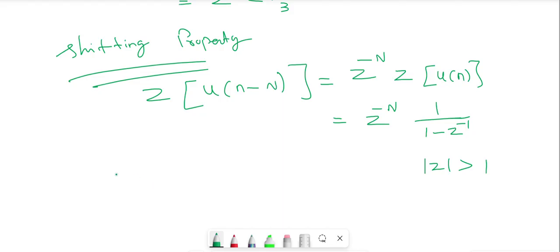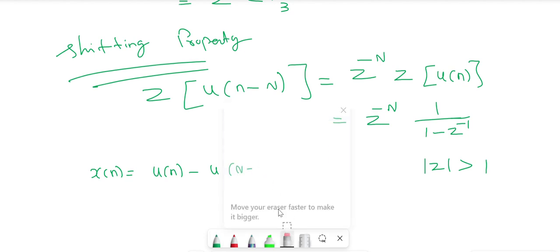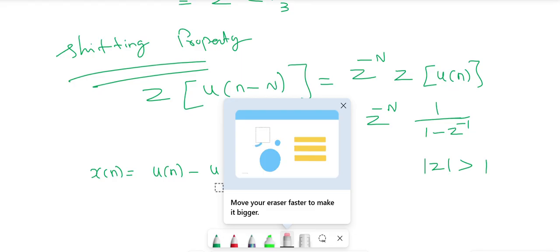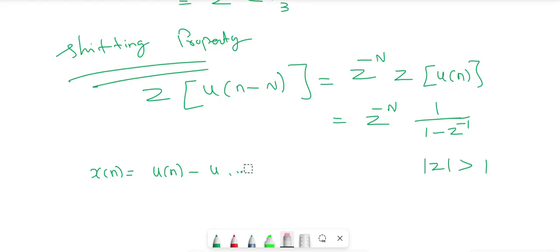If the given problem is x of n equal to u of n minus u of n minus n, what is X of z?